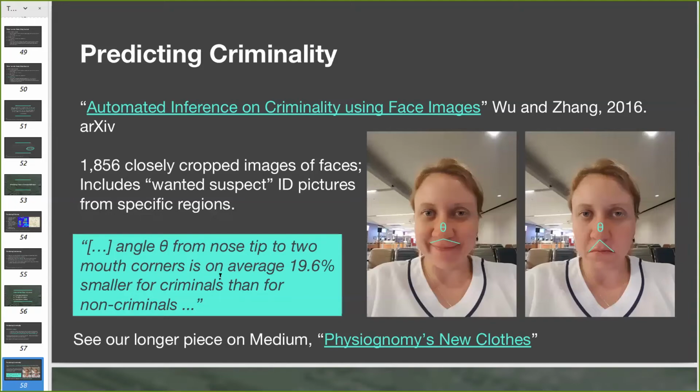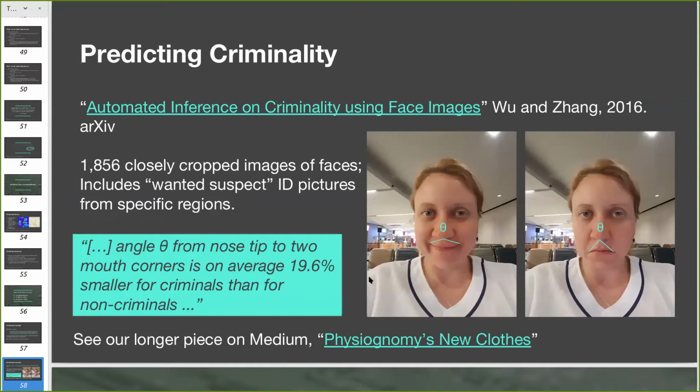In one way, what they're trying to say is that the angle theta from nose tip to two mouth corners is on average 19.6% smaller for criminals than for non-criminals. As we can see in the diagram, in the image of the lady on the left, the angle theta, which is the angle between the tip of the nose and the corners of the mouth, is larger than in the right image.